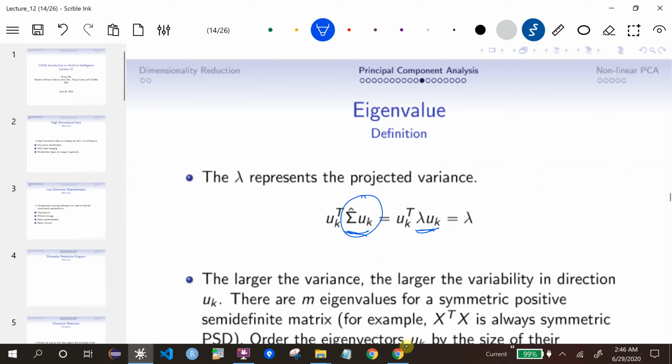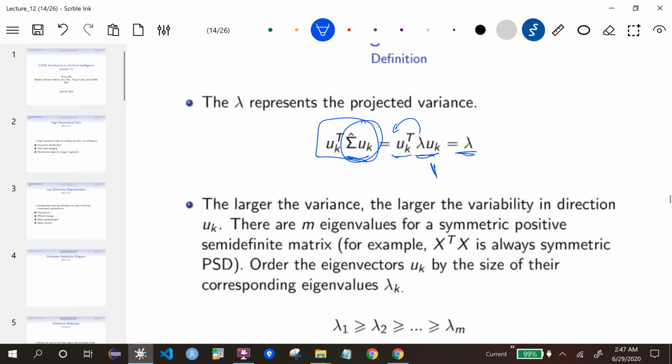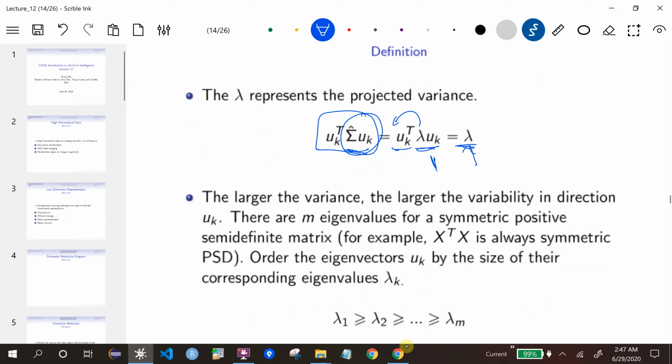If we put lambda back here, because lambda is a scalar, you can push it out, and u transpose u is a unit vector, so it's 1. So basically this expression here is just the projected variance. Lambda is this expression, the projected variance. So the larger the lambda, the larger the projected variance.